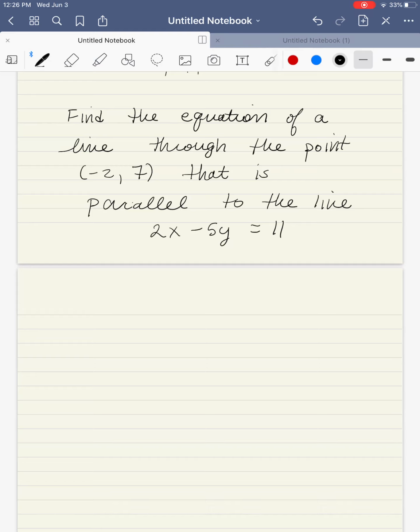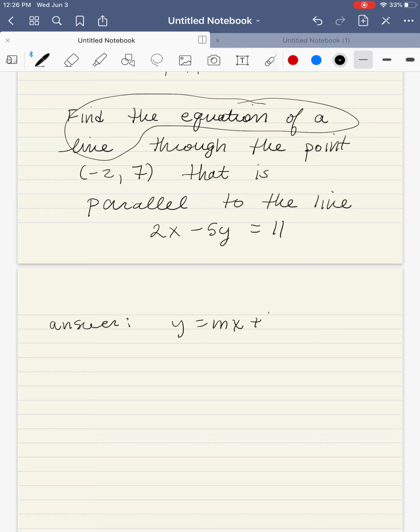Now remember from our lesson on finding equations of a line, when I'm saying find the equation of a line, that means that my answer is going to look something like this, or like this, depending upon if I want it in y equals mx plus b form, the slope-intercept form, or in standard form.